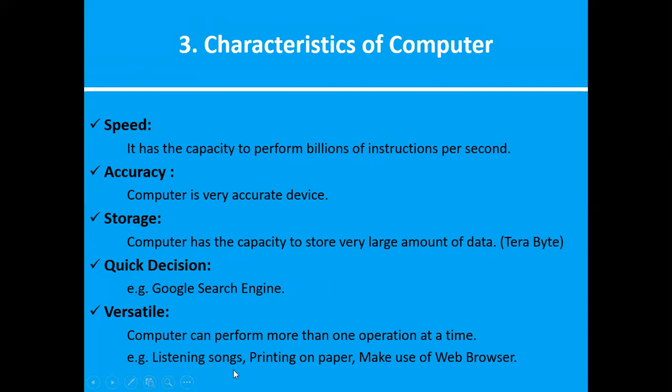Example, listening to songs, printing on paper using this printer, and making use of web browsers to search the web resources. So here, all three different functions can be performed by a system at the same time. So a computer has the multitasking capacity to perform more than one operation at a time.